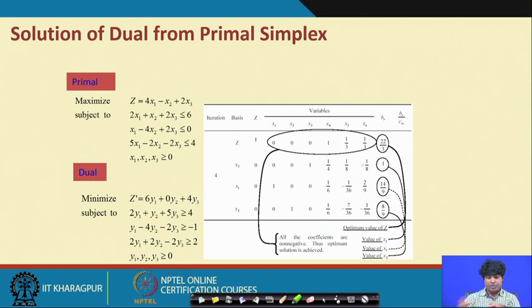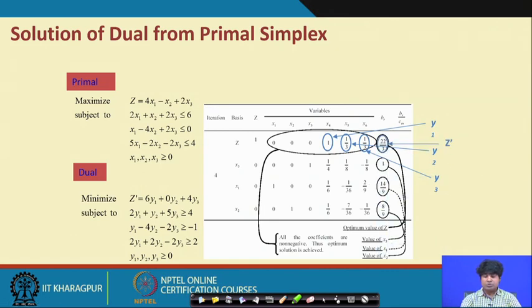So, this is the interplay between the primal and the dual, with the transformations y1, y2 and y3. The primal has x1, x2, x3, x4, x5, x6, with the maximization of z subject to constraints. Since there are 3 constraints, we have a 3-unit matrix, that is x4, x5 and x6, and corresponding to this the dual problem will have y1, y2, y3, so x4, x5, x6 will have dual transformations.